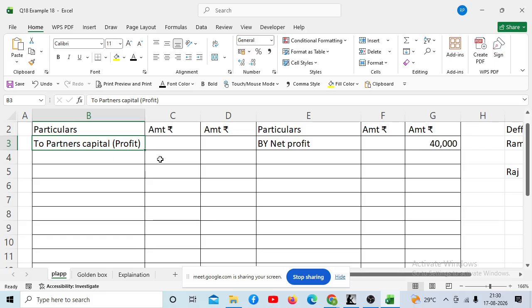Normally we write it over here, but since this is a question of guarantee of profit, just write only 20,000. Don't write the second amount right now. I will tell you when this amount will come. Just write Ram 20,000. Keep the bracket open only.